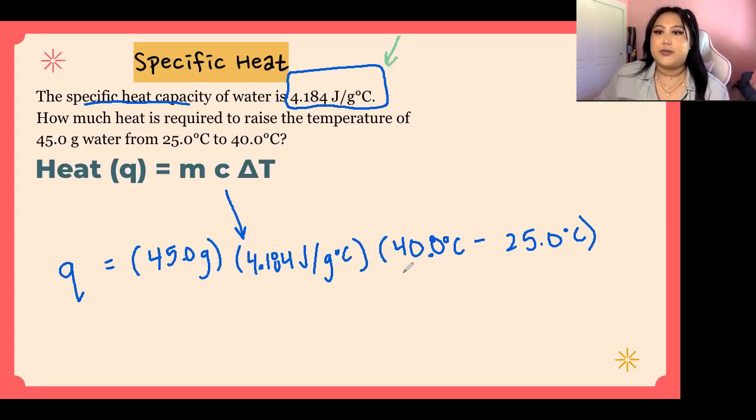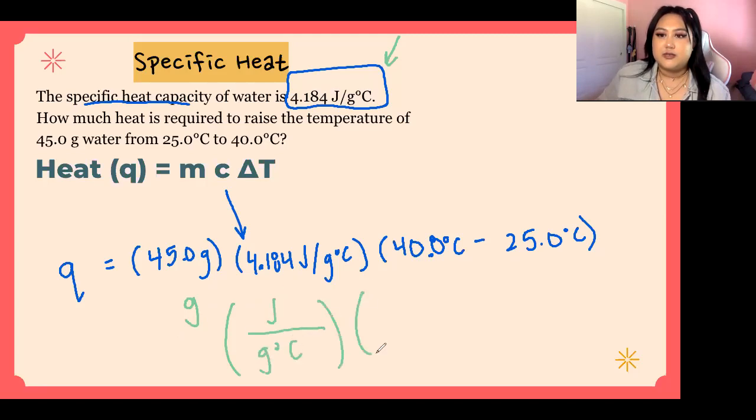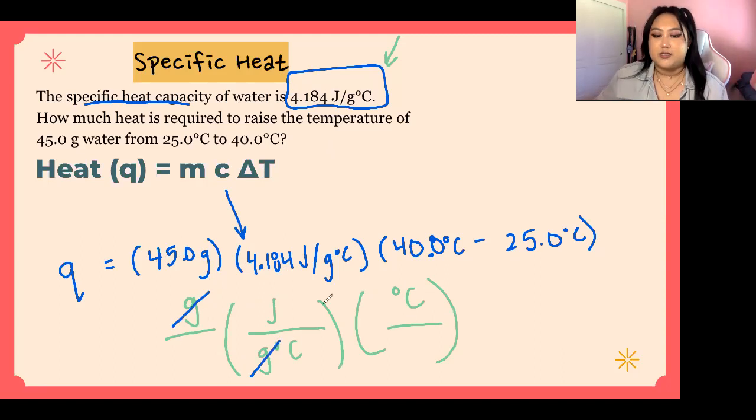If we're just looking at the units, grams on top, joules over gram degrees Celsius, and then degrees Celsius on top, because there's nothing under it. So we got rid of the grams, we got rid of the degrees Celsius, and we're left with joules only, which is the correct unit we want. That's how we know everything's in the correct units.